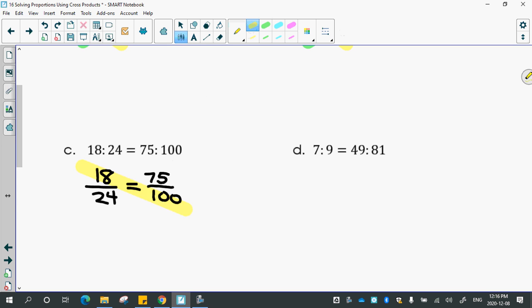So you're gonna do 18 times 100 and 24 times 75, okay? So you get your calculator out, 18 times 100 is 1800. 24 times 75 is also 1800. So the equal sign stands, it's true. Okay?